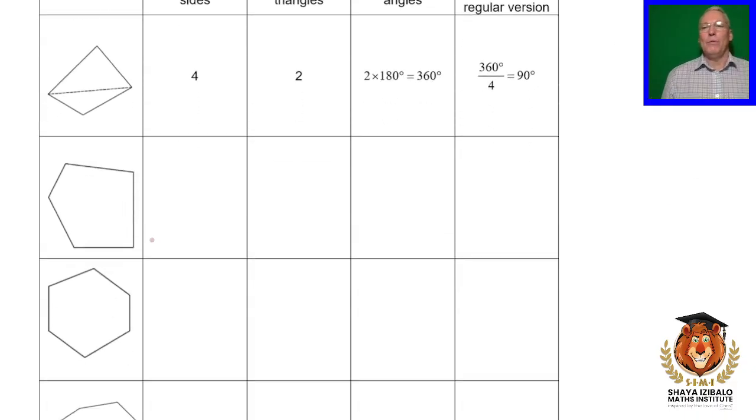Okay. And what we already worked out is, we know that a quadrilateral, four sides, we can make two triangles and we get 180 degrees. With a pentagon, this is a pentagon, 1, 2, 3, 4, 5 sides, how many triangles can we make? Well, we can make a triangle to there, and we can make a triangle to there.